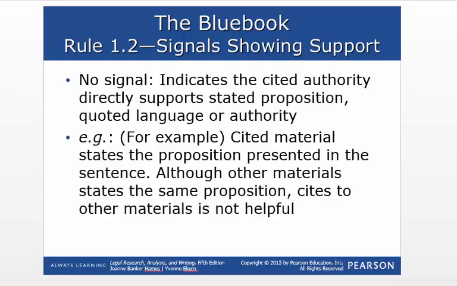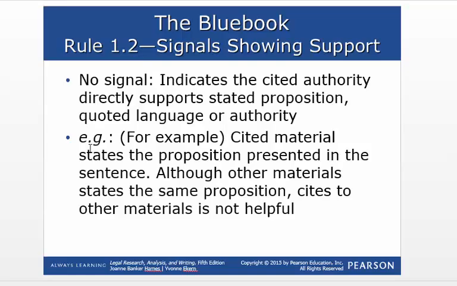Now, if you have a citation and before the citation an e.g. appears, then that means that the cited material generally supports what you're saying, and it says the same thing, but it is not direct support.